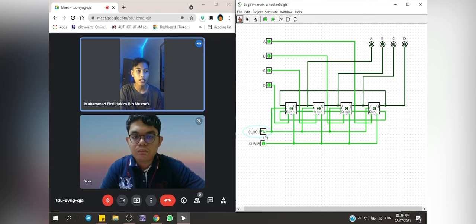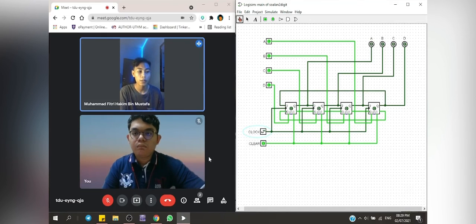For shift right, line number 13, the clear is 1, input D is 1, C is 1, B1 and A1. The clock pulse will be 8. Output D 0, C 0, B 0 and A 0.